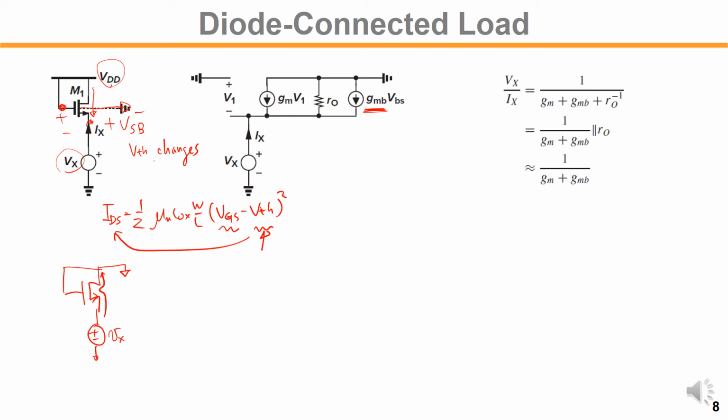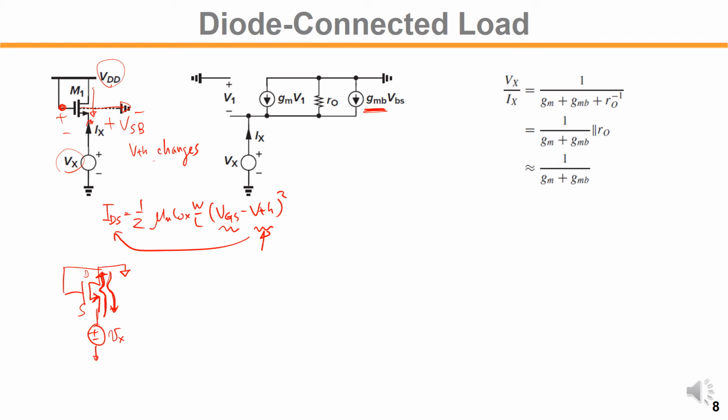AC current direction you can specify as source to drain or drain to source, either direction is fine because that is just a variation of the current. But for the DC current, the large signal current should always flow from drain to source. Right now we are doing the small signal analysis, so it is okay to draw the current direction either way.